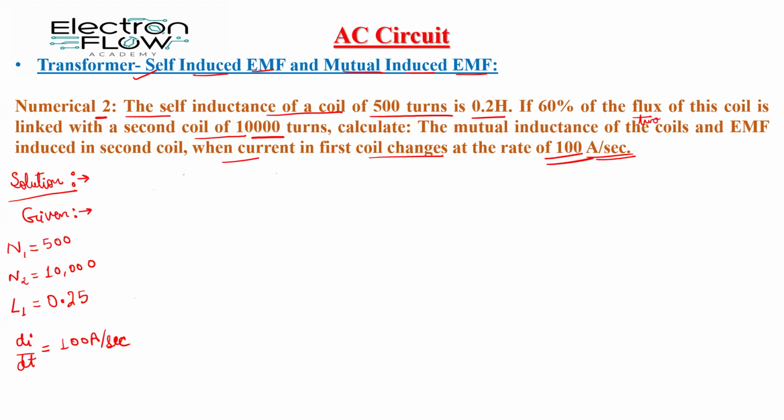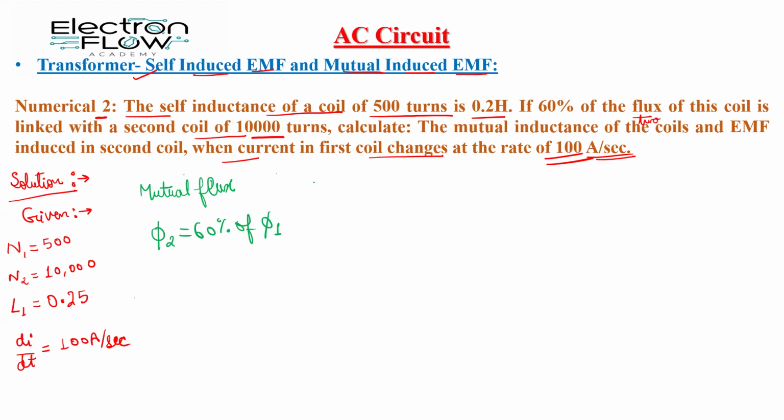Here, firstly, we notice the mutual flux: phi 2 is equal to 60% of phi 1.